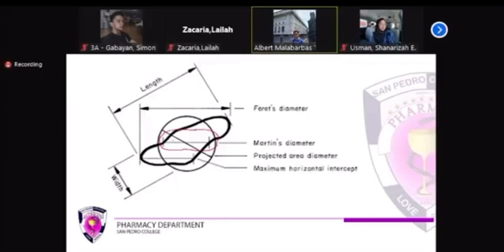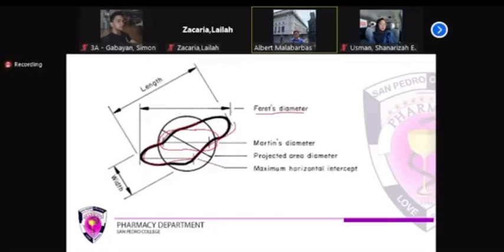So, the Martin diameter is the distance that divides the particle in half. The Feret diameter is the distance between the two opposite ends. The bold or dark shape represents your powder. The circular shape represents the eyepiece of the microscope.